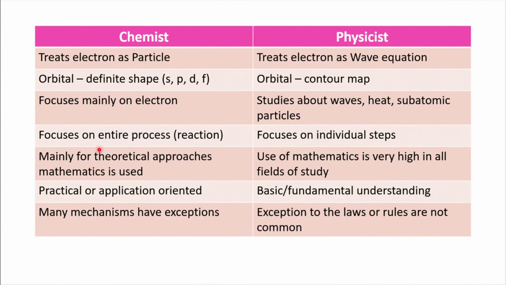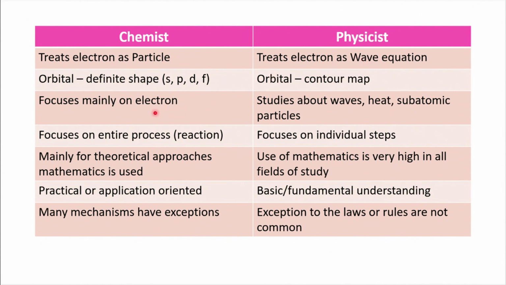Before we move forward, we need to understand the different approaches being followed by different people in different fields to study the same thing. Let us look at how a physicist and a chemist look at things. A chemist looks at the electron as a particle, whereas the physicist treats the electron as a wave equation.